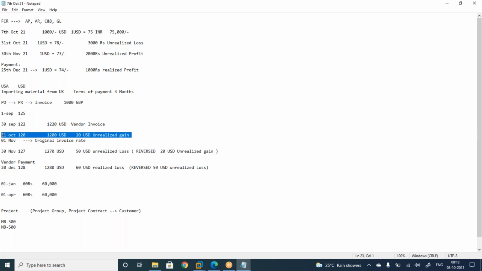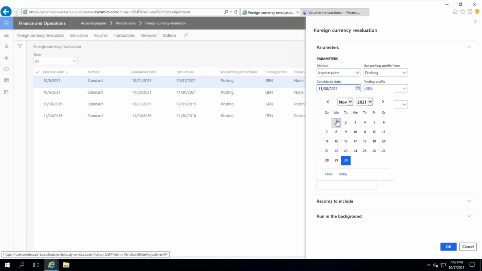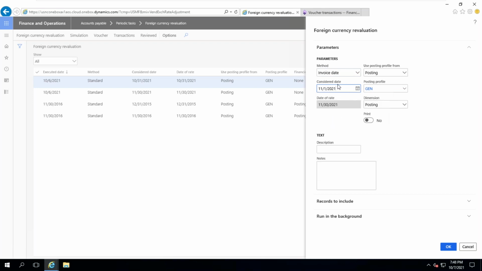On 31st October, I'm generating trial balance and P&L for my company purpose. Now I want to update this one, so you can select invoice date on 1st November. Then automatically the last exchange rate, whatever it was posted, will be reversed.